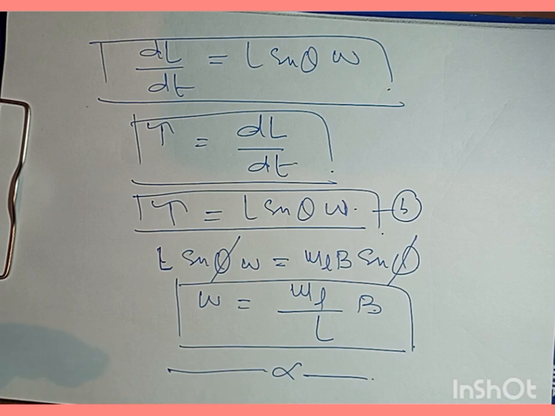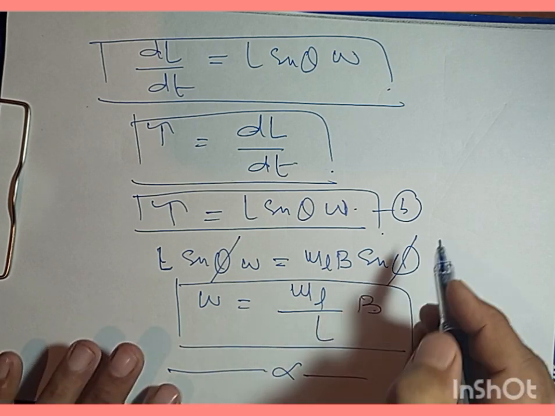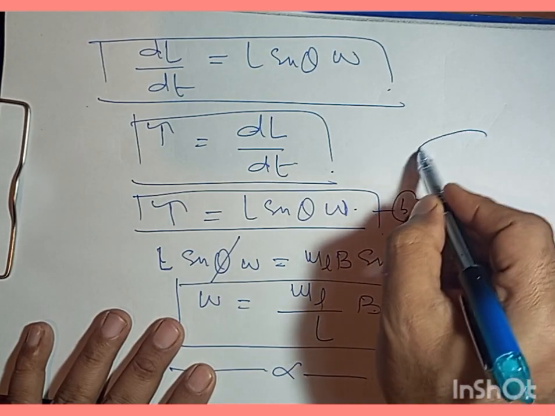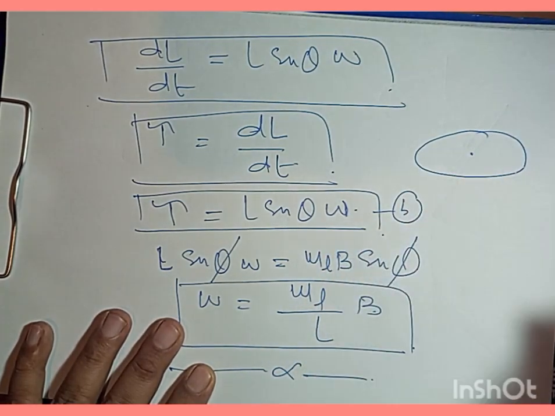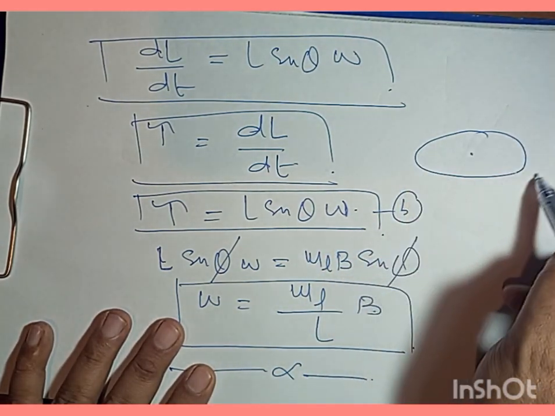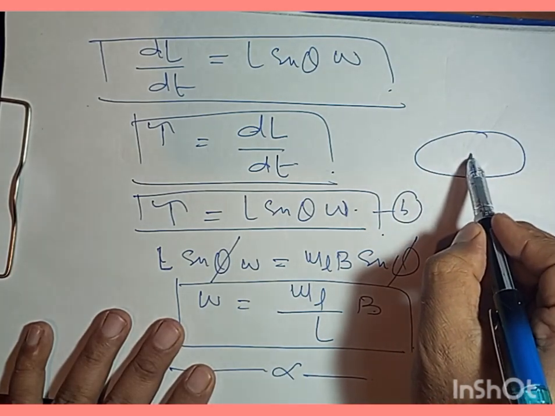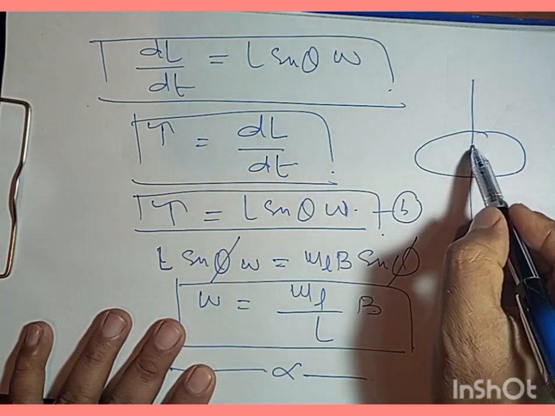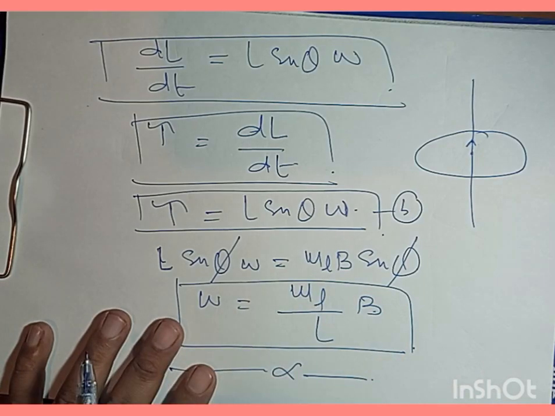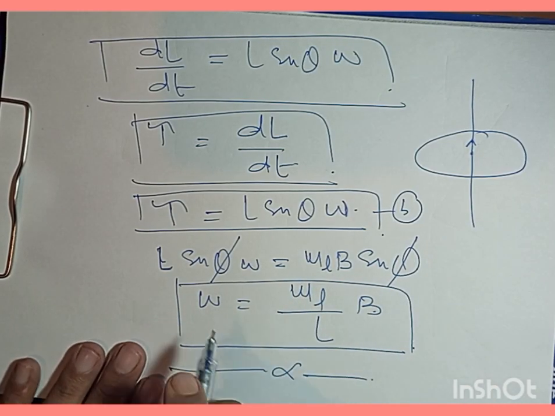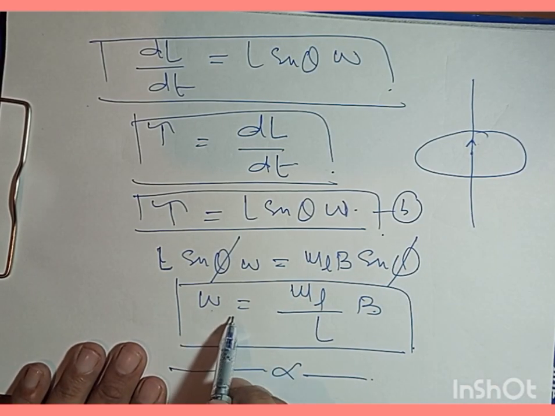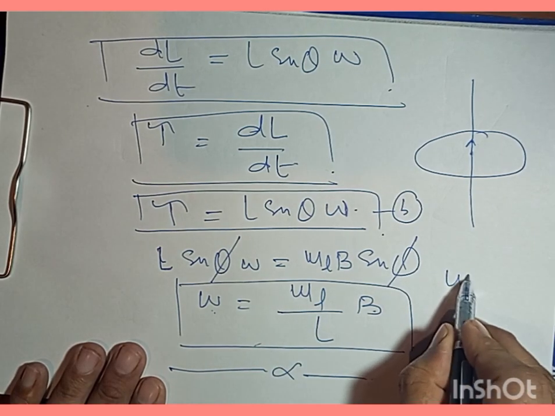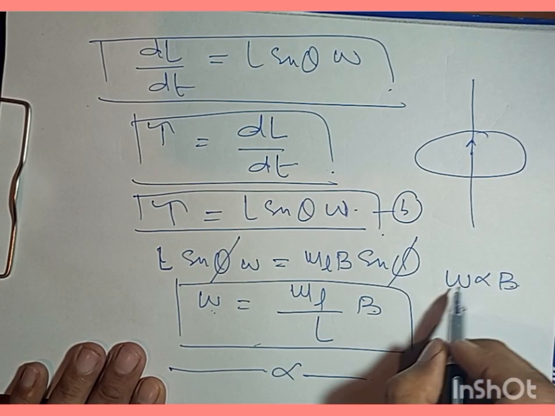And this equation gives us the measure of the angular frequency that precesses when you are applying the magnetic field to an electron orbiting in a circle. And this orbiting electron is also carrying a magnetic moment, and when we apply the external magnetic field on it, there is a precession, and the frequency of that precession is omega, and that omega is directly proportional to the applied magnetic field.